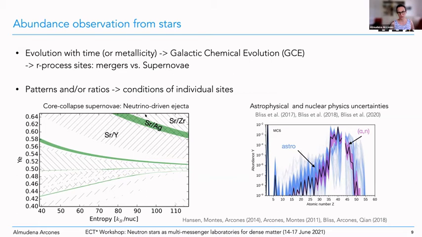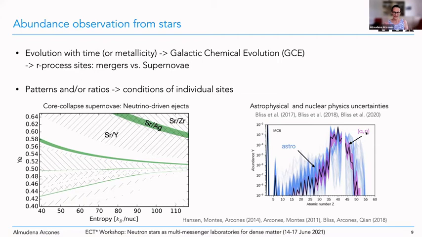And these are the other regions where the other ratios are reproduced. So this was a way of looking at observations and trying to constrain the astrophysical conditions. Of course, this cannot be done like that because we know there are more astrophysical conditions and there are the nuclear physics uncertainties. And there, Julia Bliss, who was a PhD student in my group, made an amazing work looking at all possible astrophysical conditions and also the uncertainty from nuclear physics.